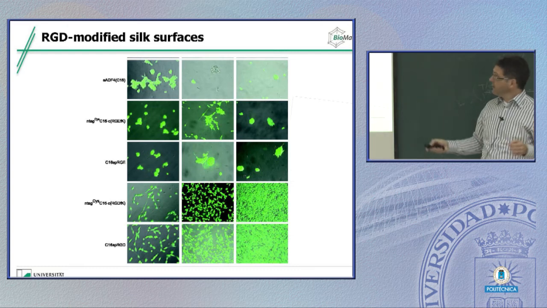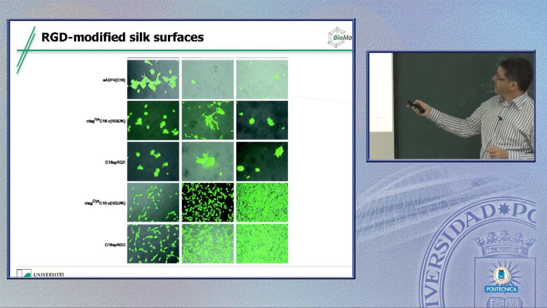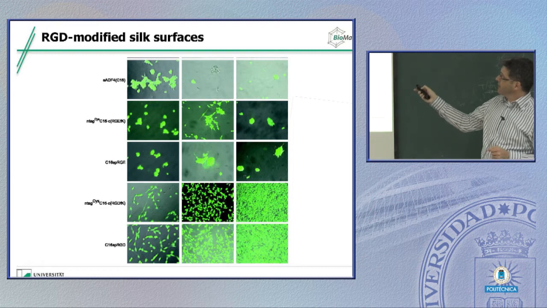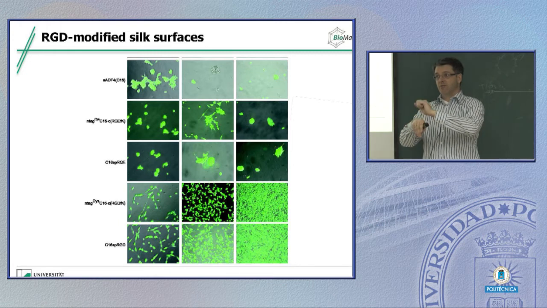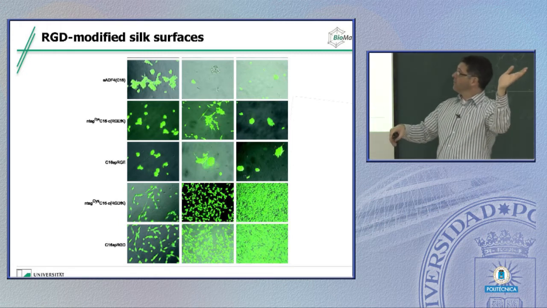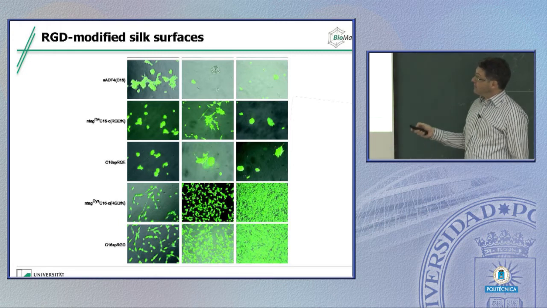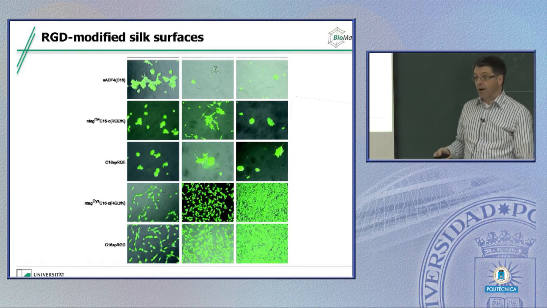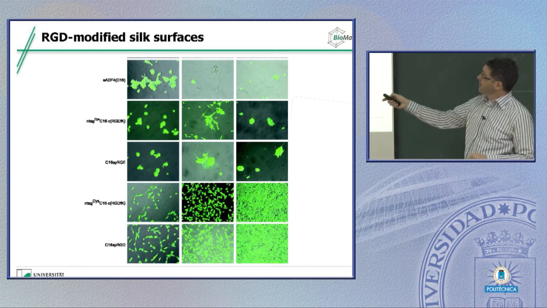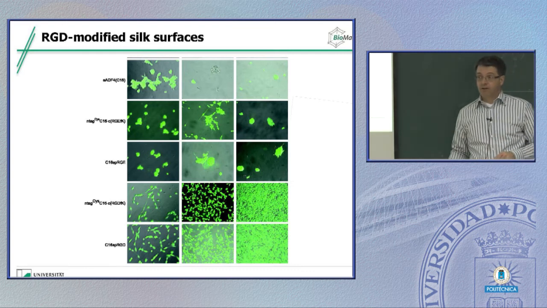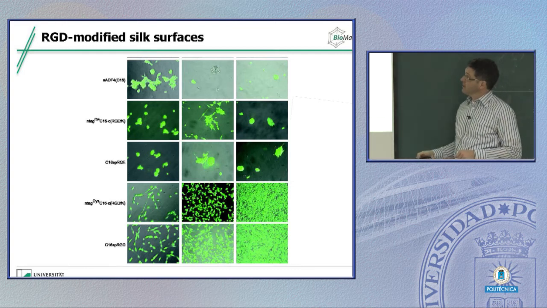They form aggregates. This is after day 1, day 3, and day 7, and they even detach. So they go to the surface, they don't like it very much, and then they just get released. If we want to make tissue engineering, we would like to get the cells there. So this surface is not very good because it's not attractive for cells.